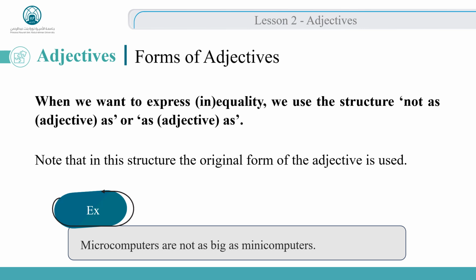Example: microcomputers are not as big as many computers. Although here we are comparing two things, we are expressing inequality. We are using the structure "not as, adjective, as," and the adjective itself is in the original form, big. We didn't add anything to it.